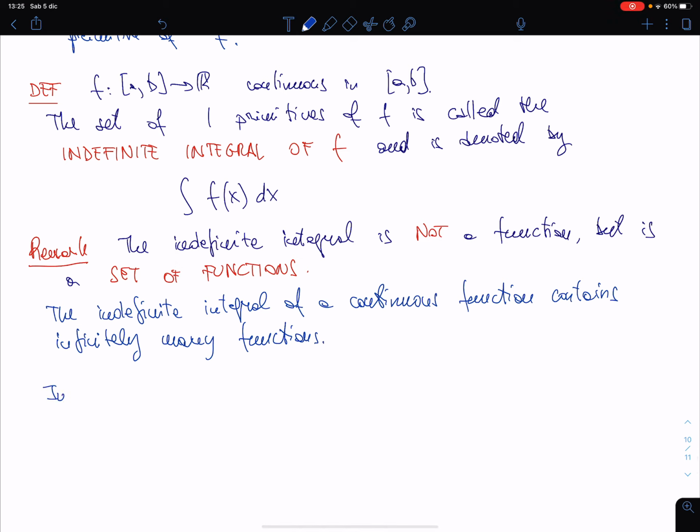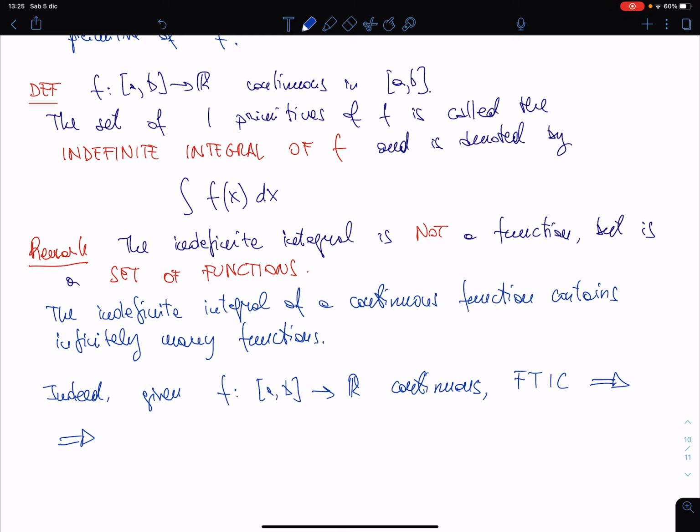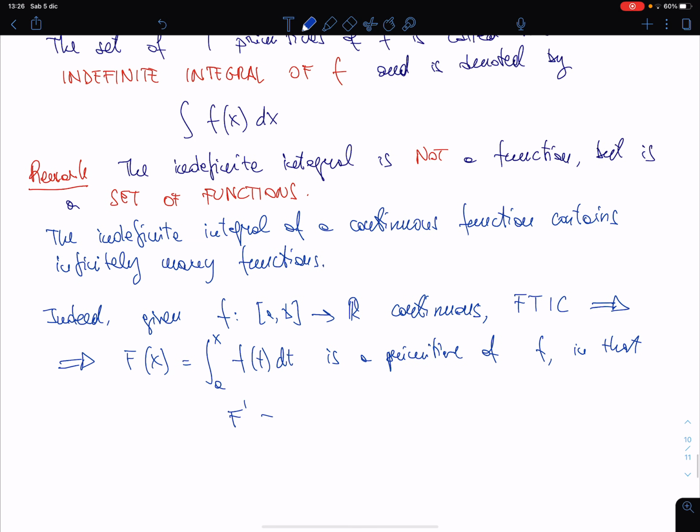Indeed, given f from A, B to R continuous, we already know by the fundamental theorem of integral calculus that capital F, the integral function, integral between a and x of f of t dt, is a primitive of small f, since capital F prime is equal to small f.